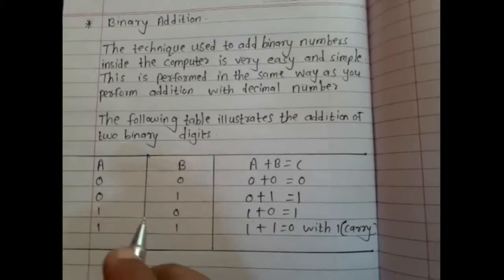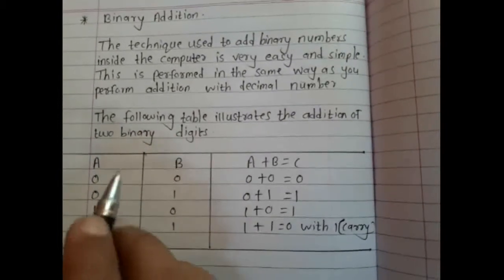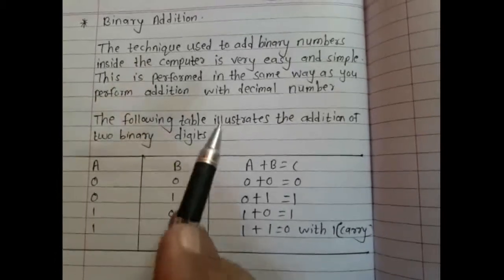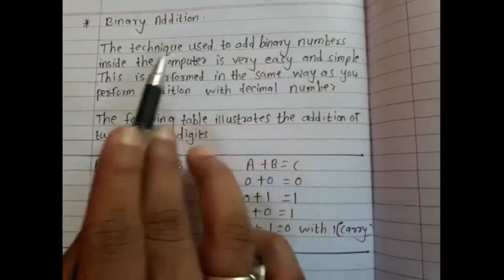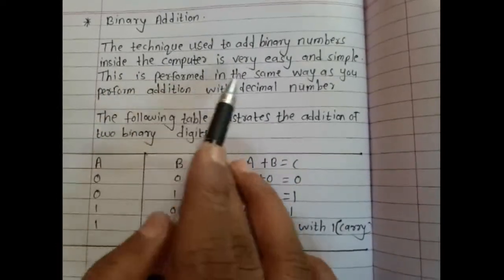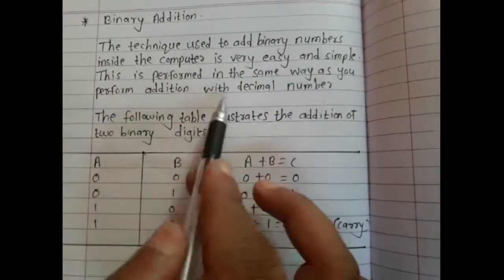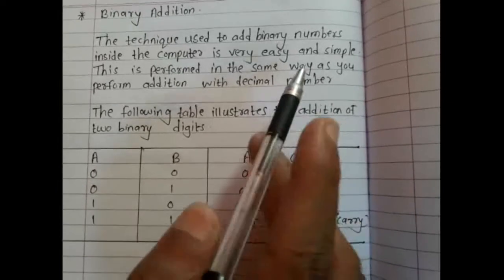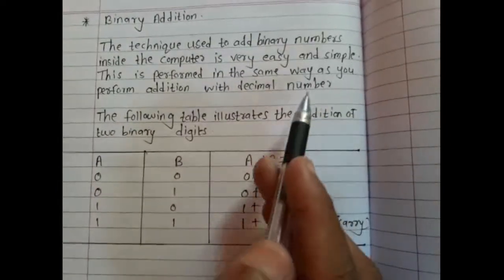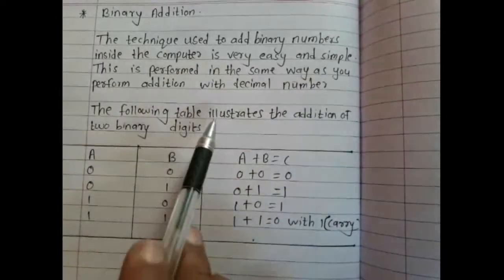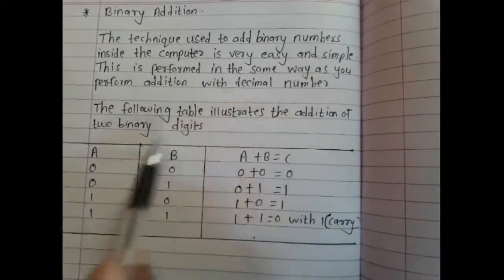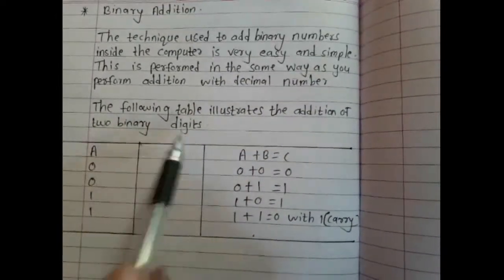Now see students, binary addition. The technique used to add binary numbers inside the computer is very easy and simple. This is performed in the same way as you perform addition with decimal numbers. The following table illustrates the addition of two binary digits.